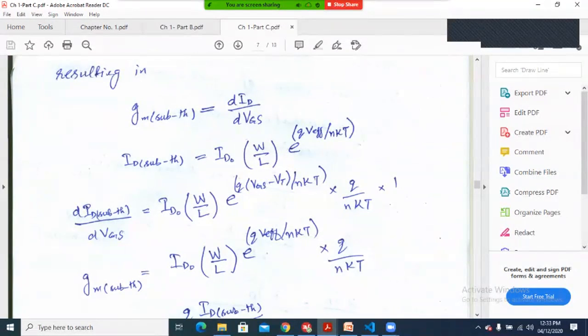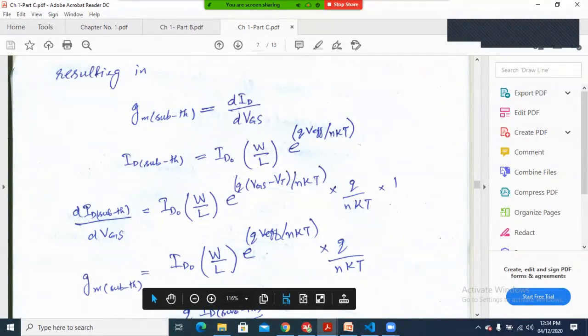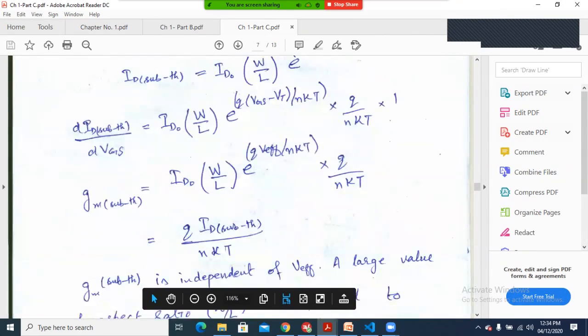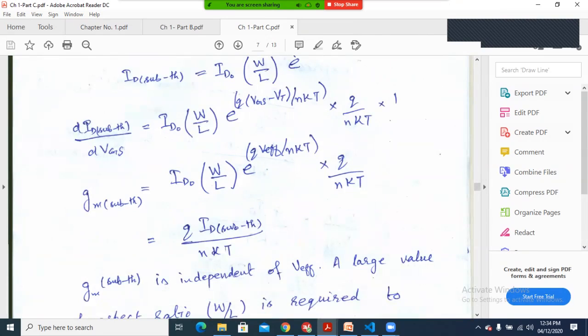The derivative is the same exponential into the derivative of the exponent, which is Q by NKT into 1. So this is in fact Q by NKT into ID subthreshold. So this GM subthreshold is independent of the value of VF.